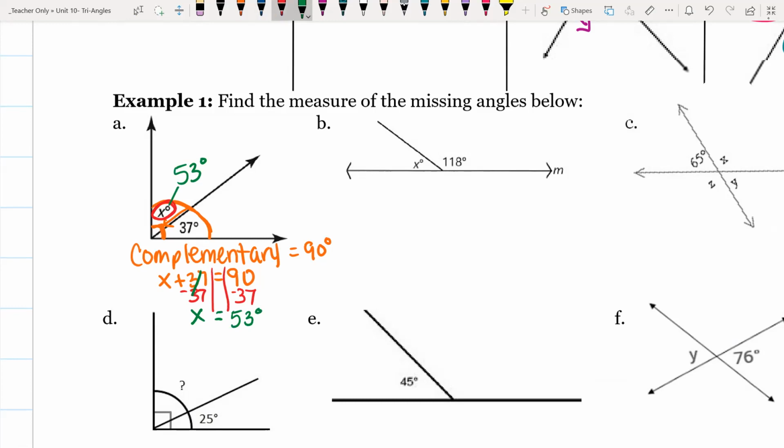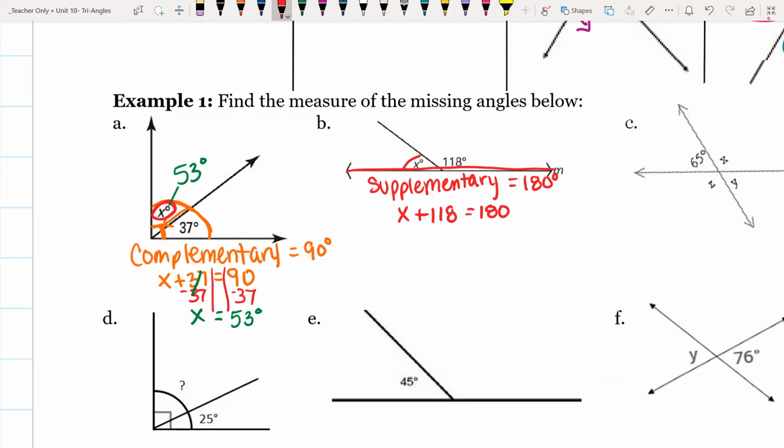Okay, what do we think the next one is? This makes a straight line. Well, a straight line is supplementary. And if it's supplementary, it adds up to be 180 degrees. So then I have to add these two up. So I have x plus 118 equals 180 degrees, right?